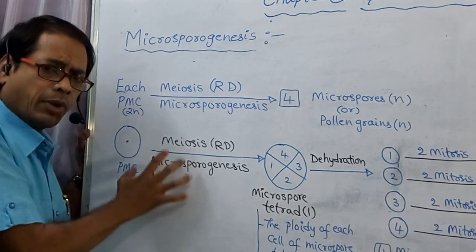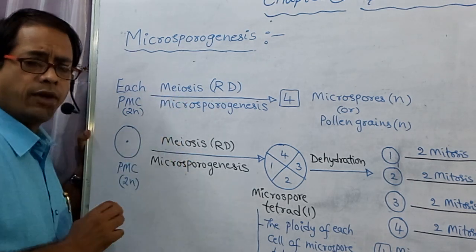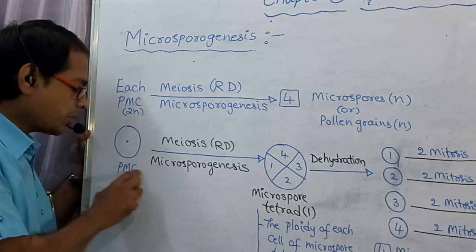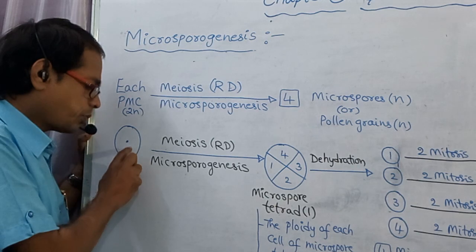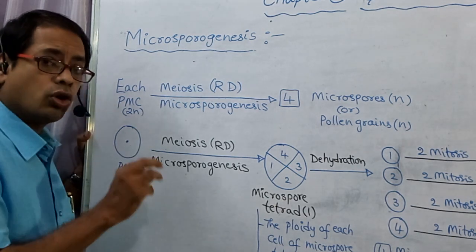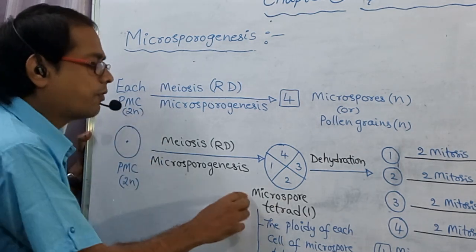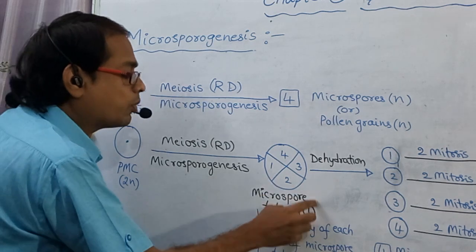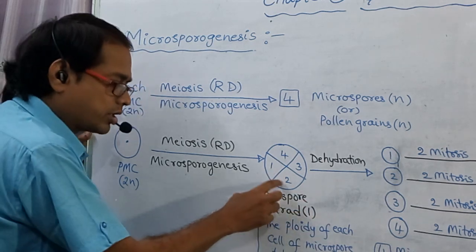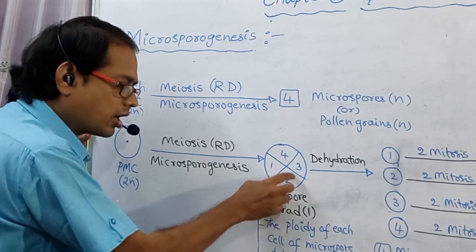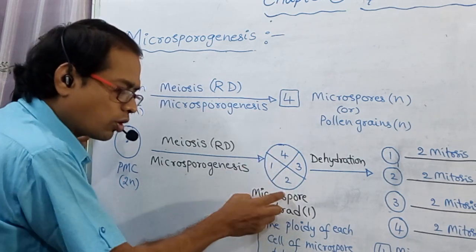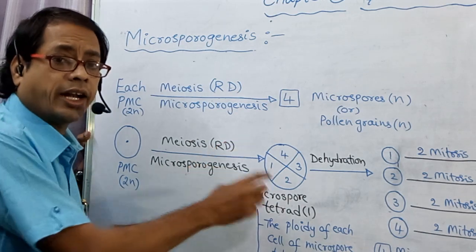Right. In the diagrammatic representation, I will explain. This is a pollen mother cell which is diploid in nature. This pollen mother cell undergoes reduction division and forms microspore tetrad. This 4 cell structure is called tetrad. As these are microspores, it is called microspore tetrad.